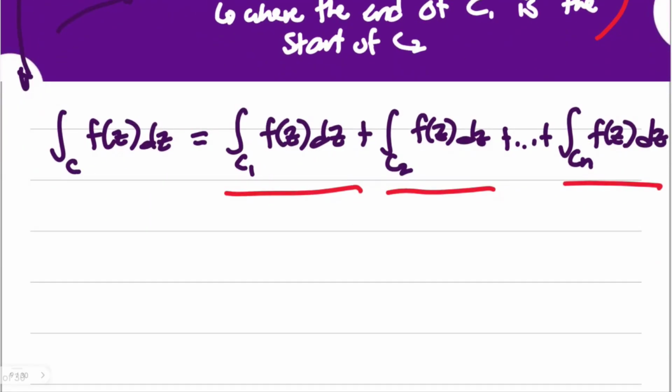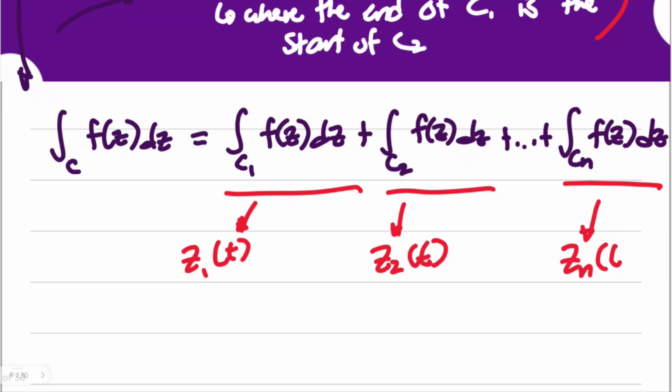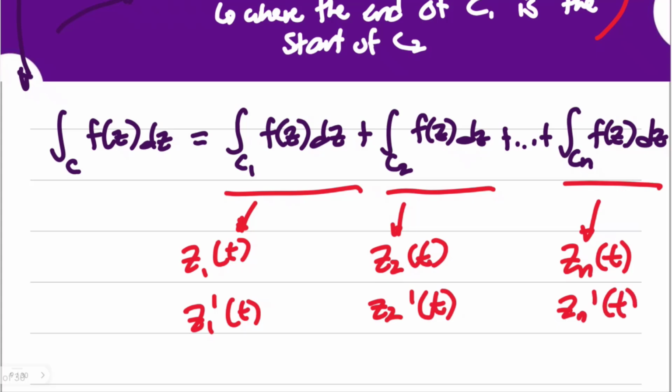Say, for example, here you will have your z sub 1 of t, whatever that type of path is. For this one here, z sub 2 of t, whatever that path is, and so on and so forth. We also have z sub n of t, and of course its corresponding first derivatives, z sub n prime of t.